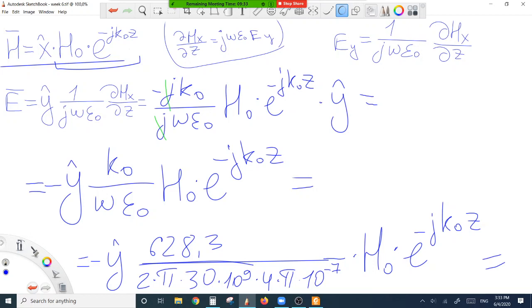Okay, can you compute this expression with your calculator?